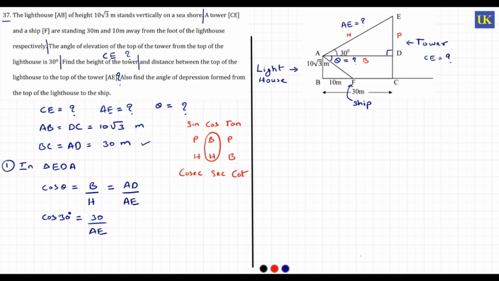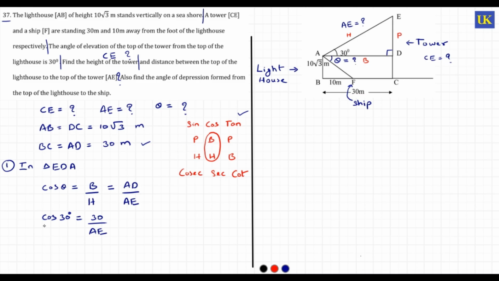Now, for cos 30 degrees, there is a table for specific angles of trigonometry, which you need to remember. I have explained how to remember the table with a trick, and with that trick you can easily remember it. You can watch my other videos where I have explained how to remember these formulas and the trigonometry table.